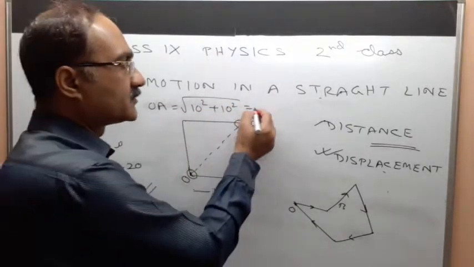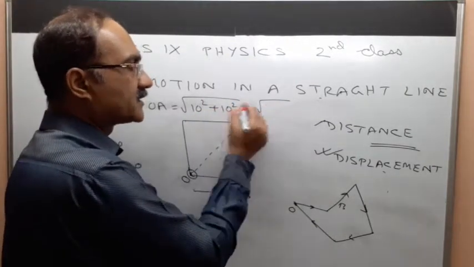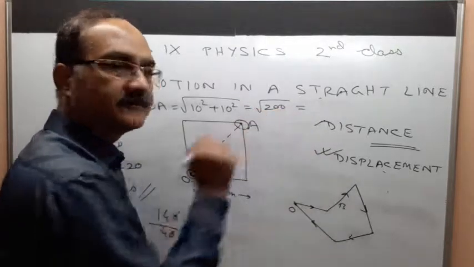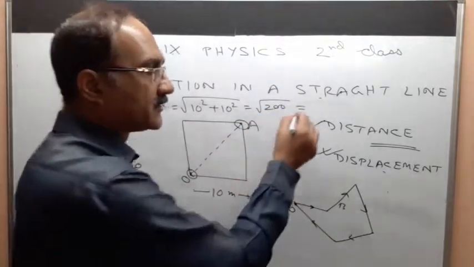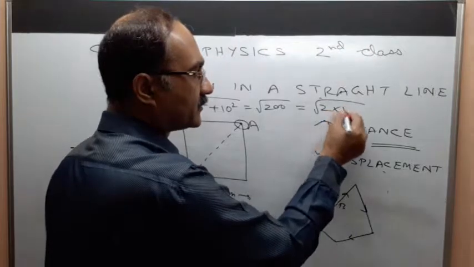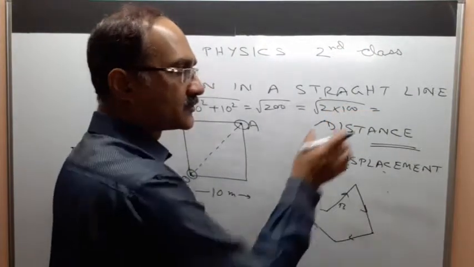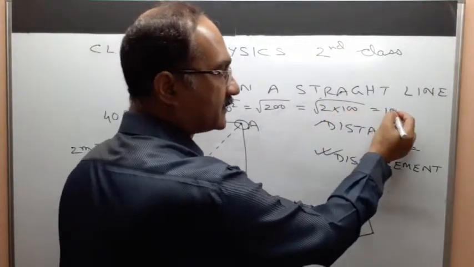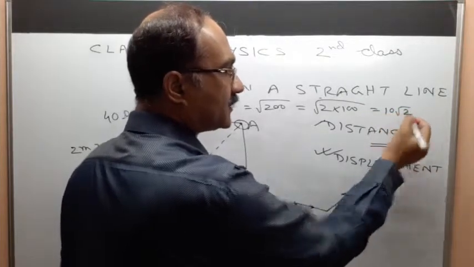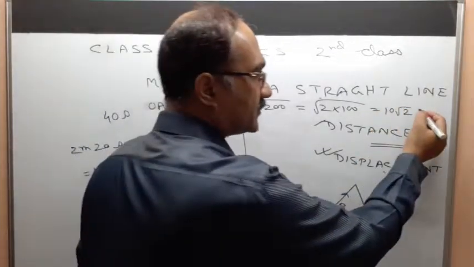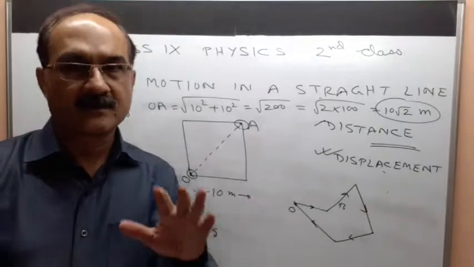So this will come out to be square root of 100 plus 100, 200. Right? You can think of it like 2 into 100. So square root of 100 is 10 and this root 2 will remain. So these many meters, 10√2 meters. Clear?